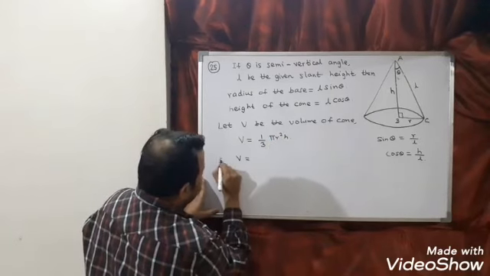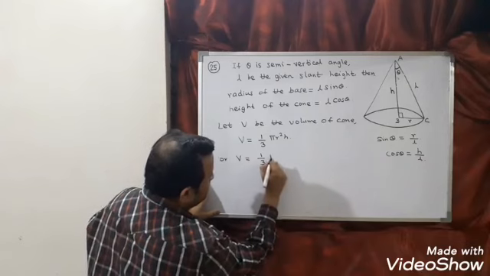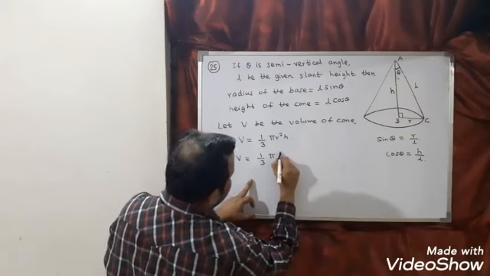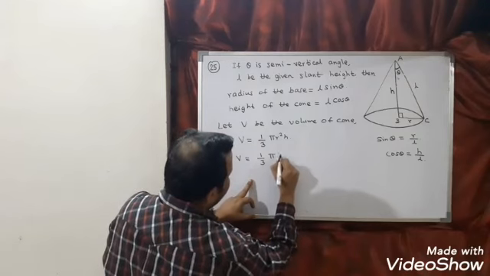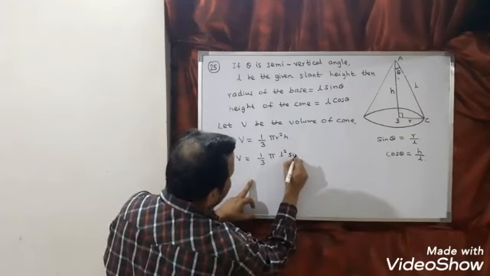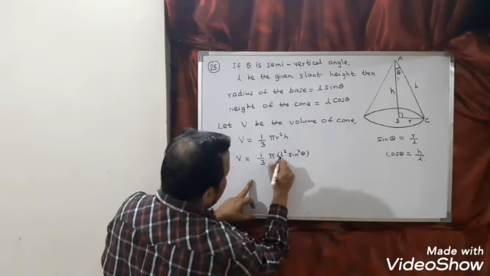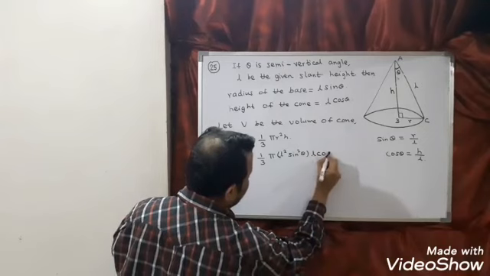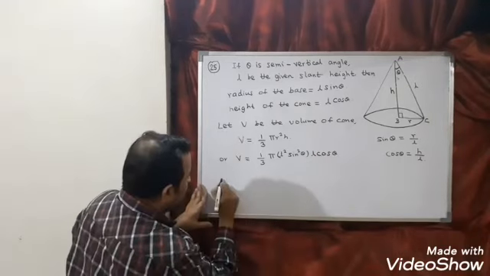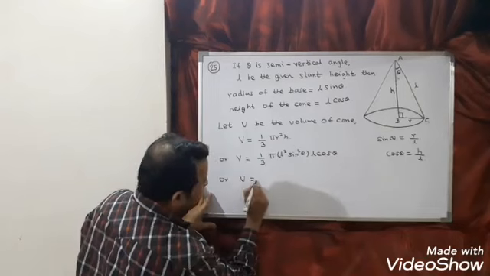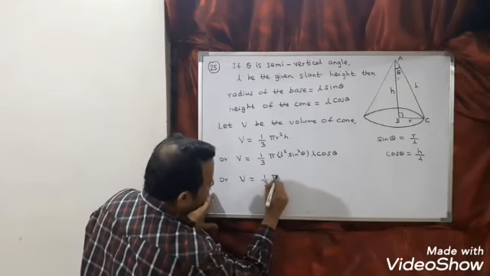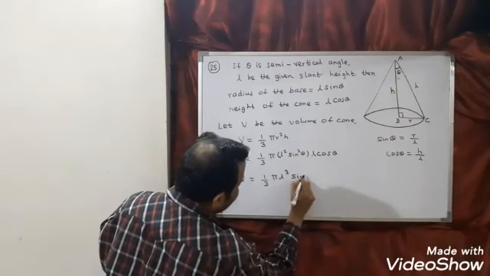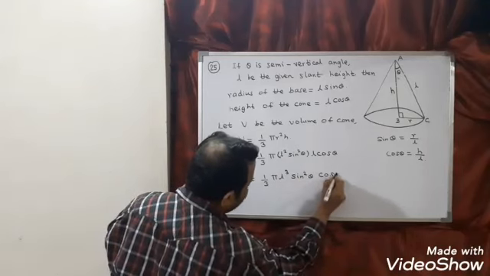V is equal to 1 by 3 pi, R square is L square sine square theta, and H is L cos theta. So volume is equal to 1 by 3 pi L square into L, that is L cube into sine square theta into cos theta.